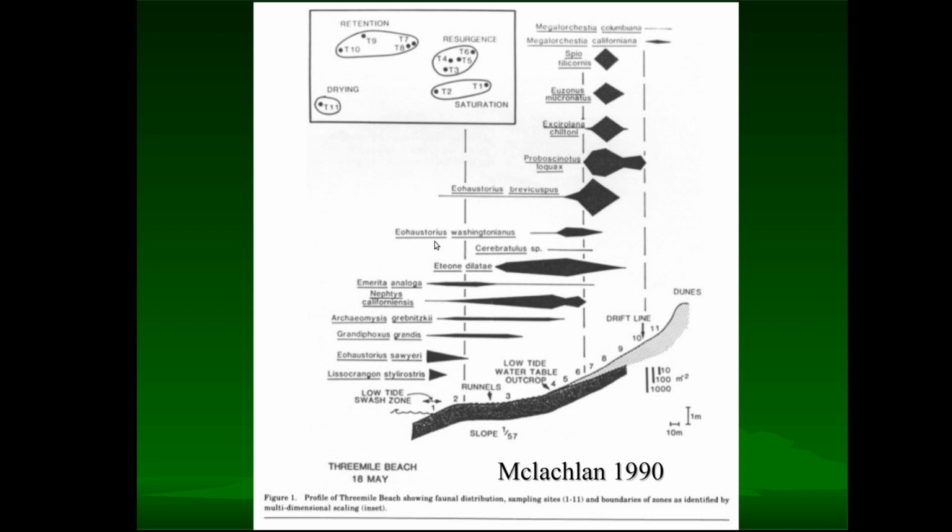Its relative up here, this Eohaustorius up here, is outside the wet sand. Mostly it's in the sort of transitional zone between the resurgence and the retention zone.